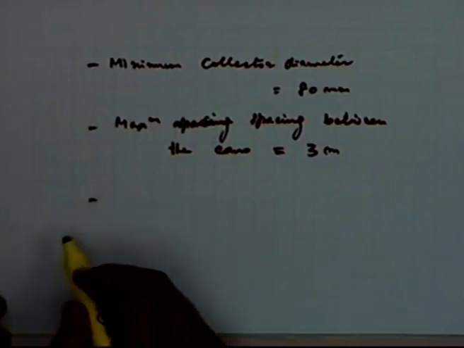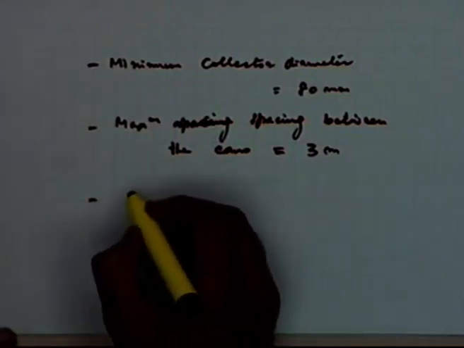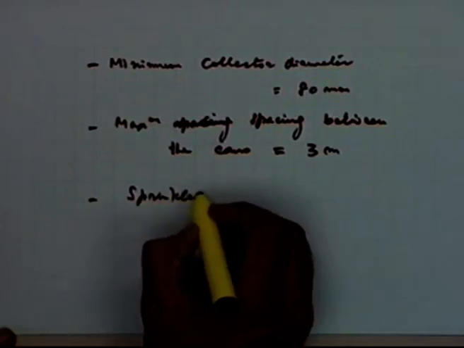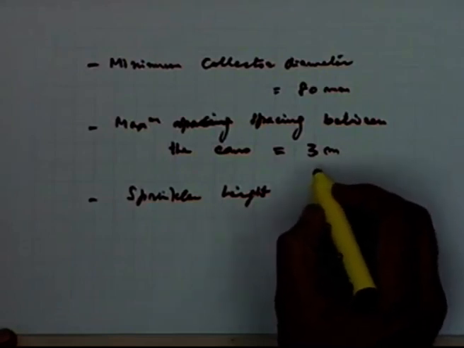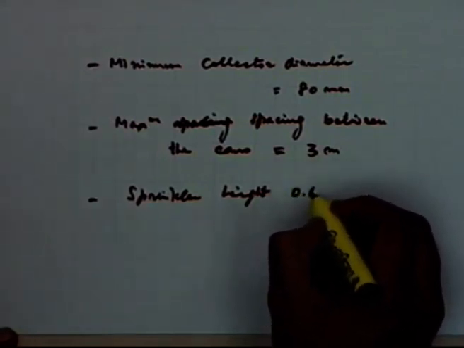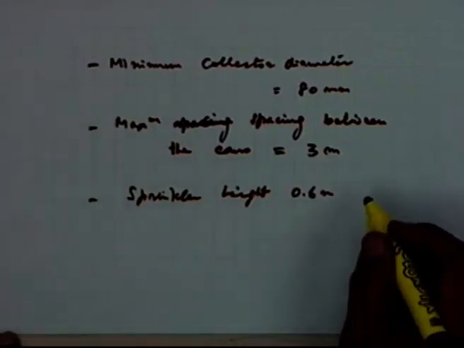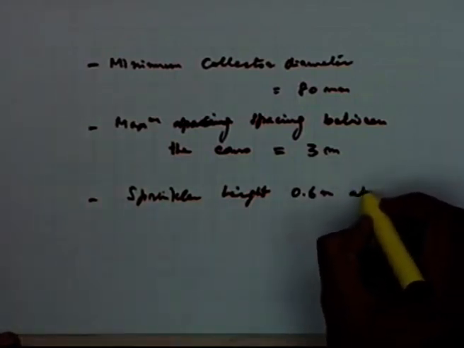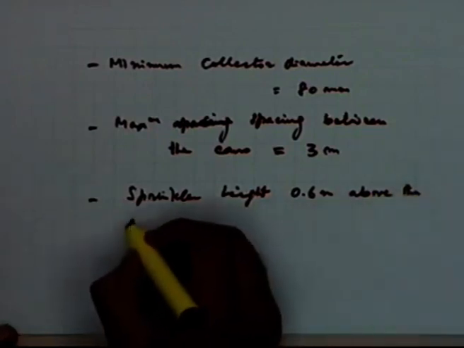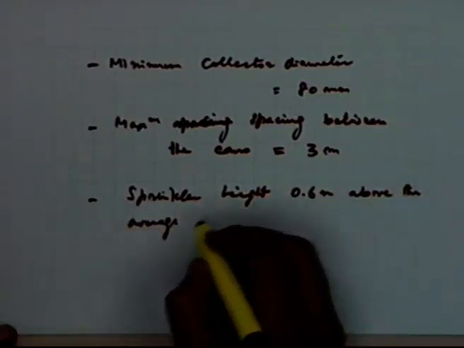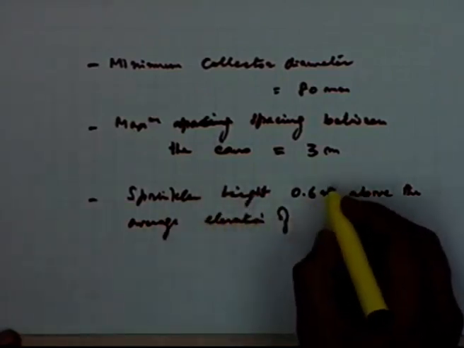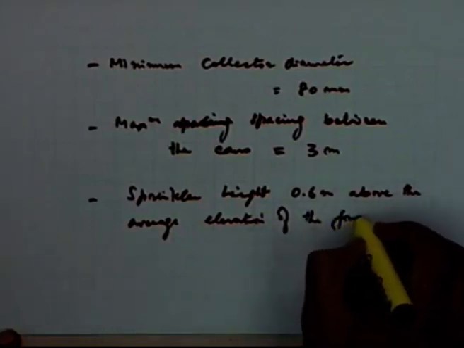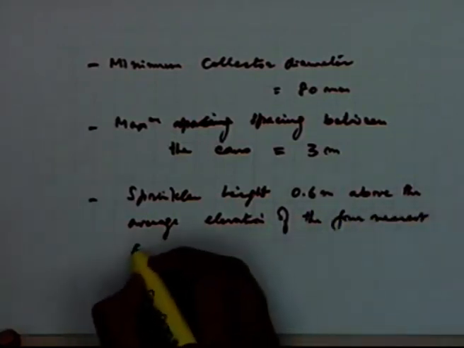Another condition which is recommended is that the sprinkler height should be at least 0.6 meters above the average elevation of the 4 nearest collectors.